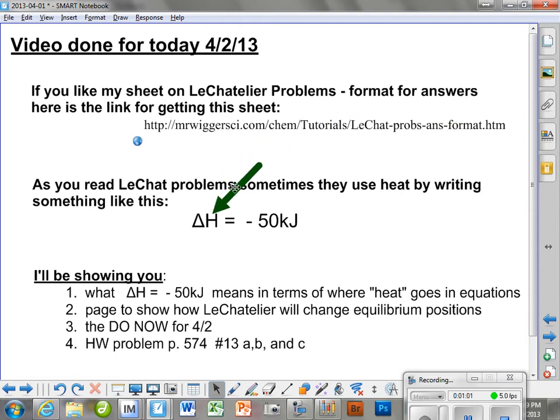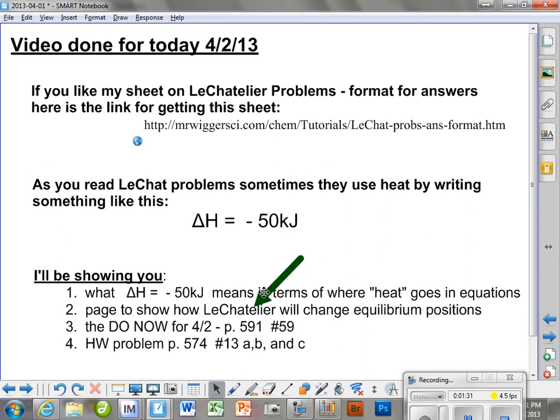Anyway, another thing is I'm going to explain what this is all about: what the delta H means and how to position the heat in a balanced equation. A page will show you how Le Chatelier equilibrium shift positions work with my little form. Then the do now for today, and a homework problem on page 574.